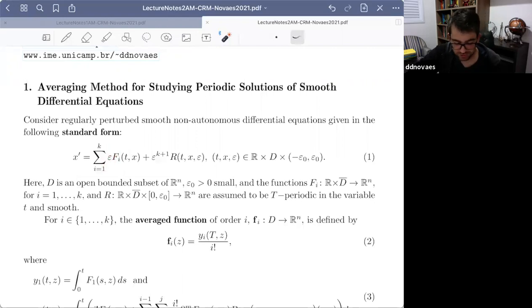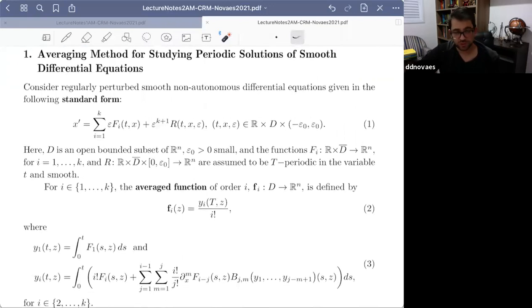Epsilon was the distinguished parameter of perturbation, and the main goal was to explore conditions on the perturbations in order that some of the periodic solutions of the unperturbed system persist as periodic solutions for epsilon small, distinct from zero.